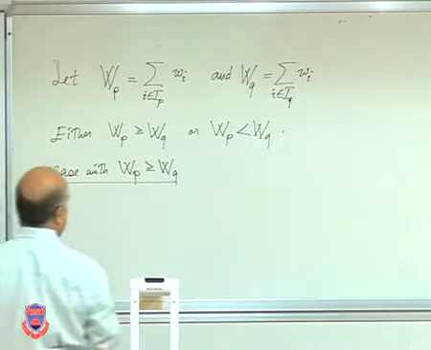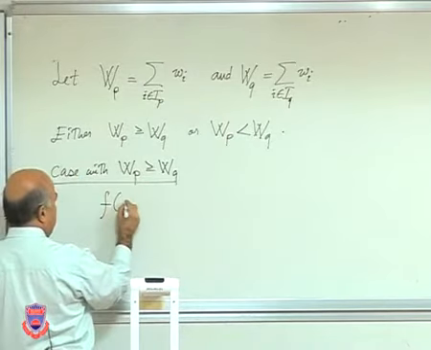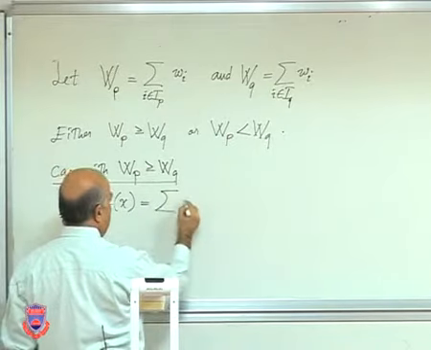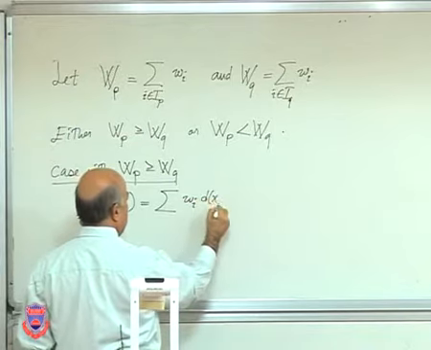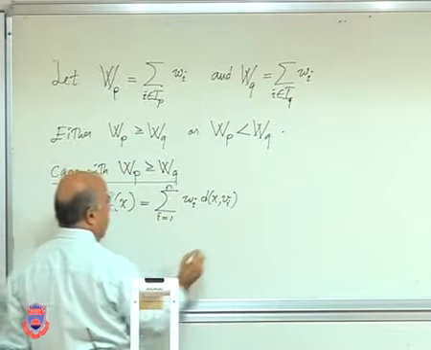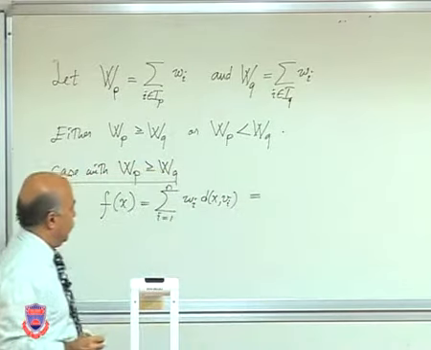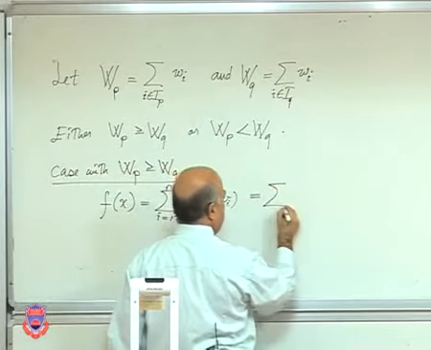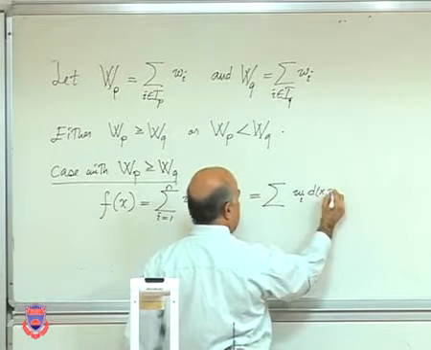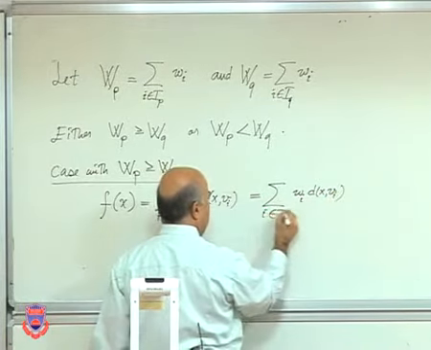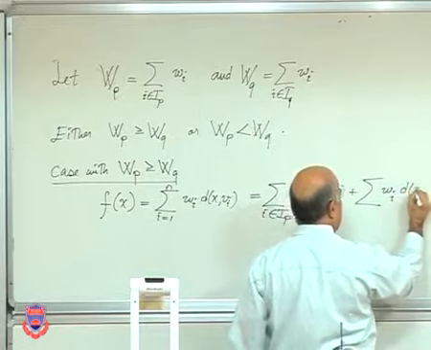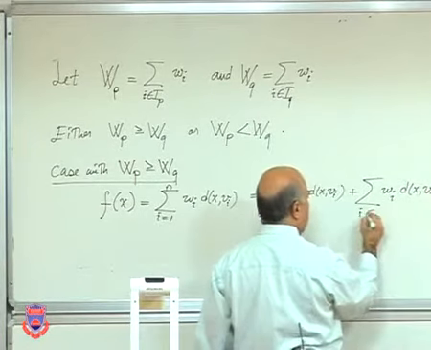So in this case, when you look at the function f at x, it's by definition the sum of Wi dx vi. And if you partition the vertex set into the subsets IP and IQ, then we have the sum of Wi dx vi for i in IP plus the sum of Wi dx vi for i in IQ.